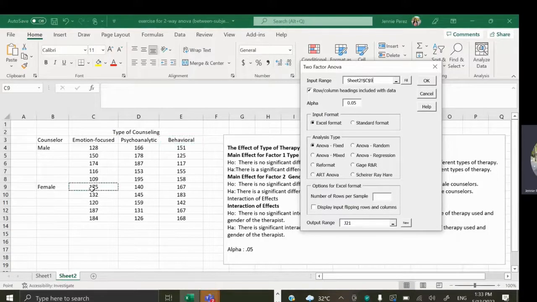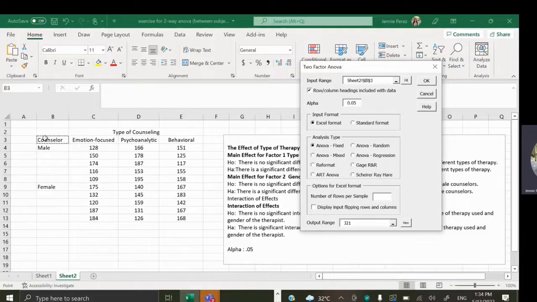And then we also have 5 clients under a female counselor, and emotion-focused counseling was used with them. And another 5 clients who had psychoanalytic counseling under a female counselor, and another 5 clients who had behavioral counseling under a female counselor.